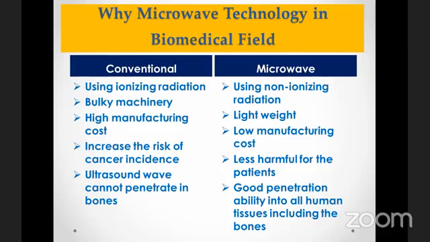They are lightweight in contrast to bulky machinery. If you have seen MRI or CT systems, they are not usable in rural or in remote areas. The cost of manufacturing and operation is relatively lower in microwave and RF systems.